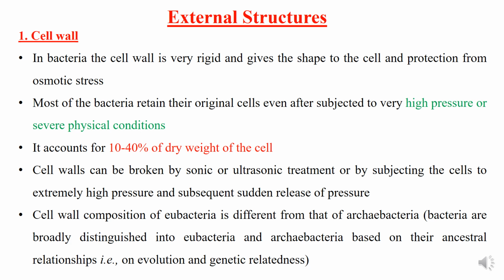Most bacteria retain their original cells even if subjected to very high pressure or some severe physical conditions. The cell wall of the bacteria accounts for 10 to 40% of the dry weight.